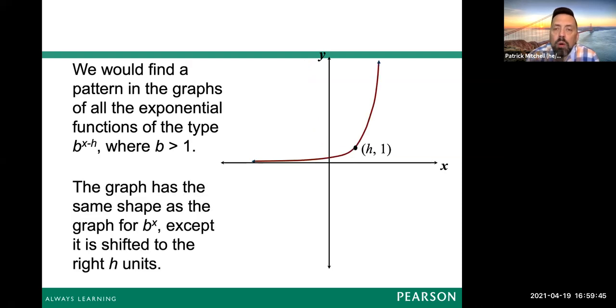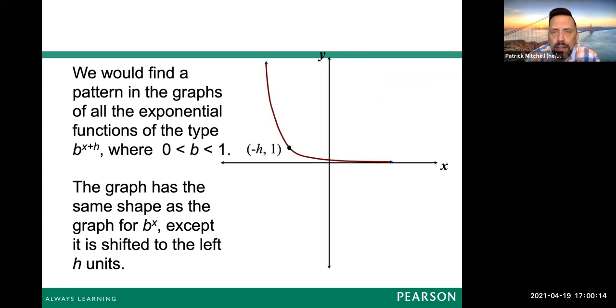All right, now think back to chapter 8 when we talked about horizontal shifts. We would find a pattern in the graphs of all exponential functions of the type b to the x minus h, where b is greater than 1. Remember from chapter 8, when you replace x with x minus h, it shifts the graph h units to the right, all right?